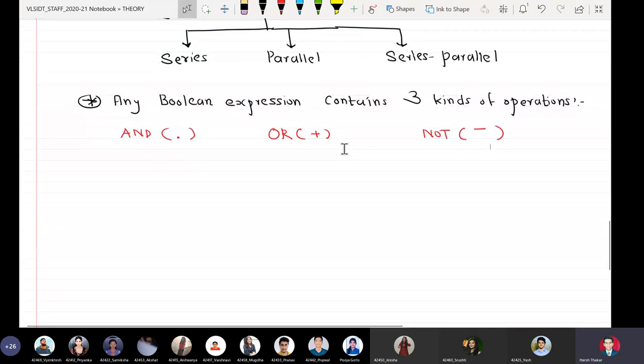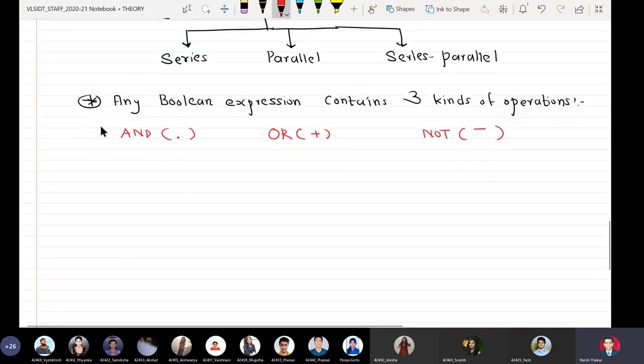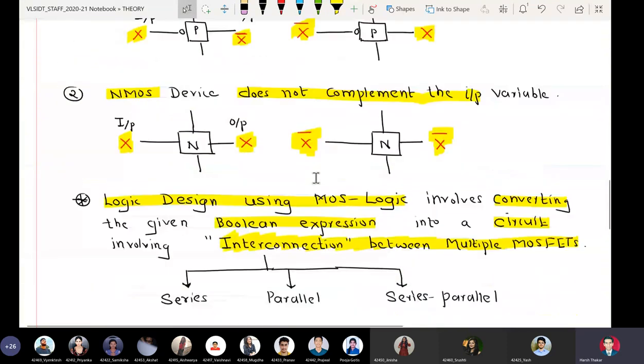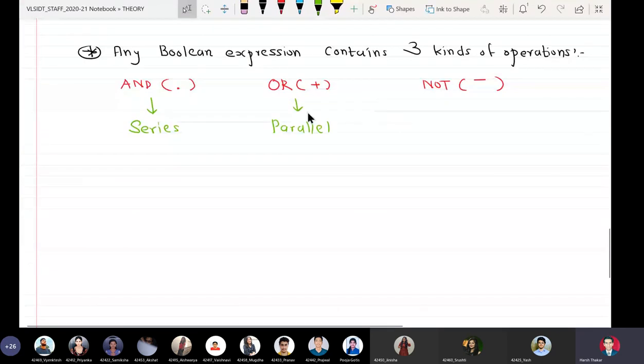If between two variables there is an ANDing operation, it indicates series connection. When there is ORing, it is parallel. And when it is NOTing, it will tell me whether I have to use a PMOS device or an NMOS device according to rule number 1 or 2. Please make this very, very clear.